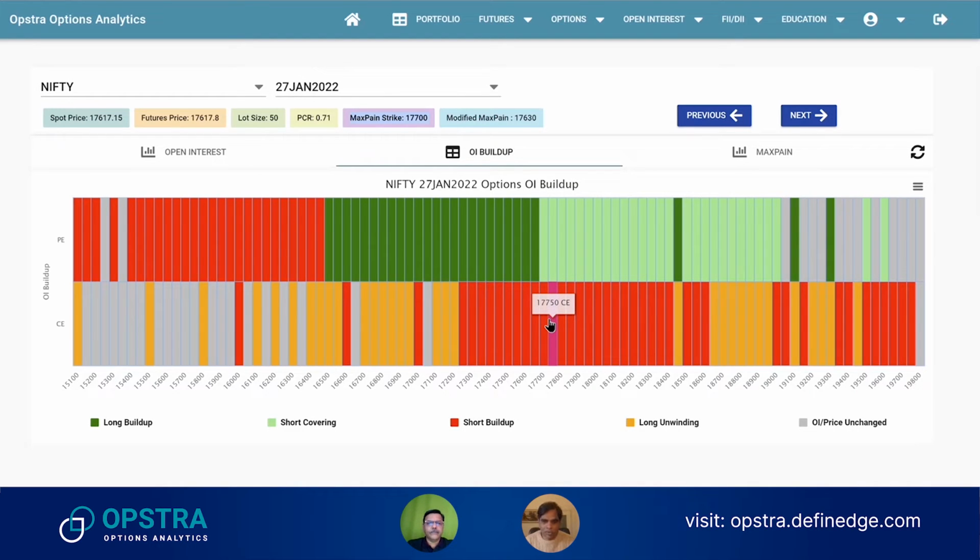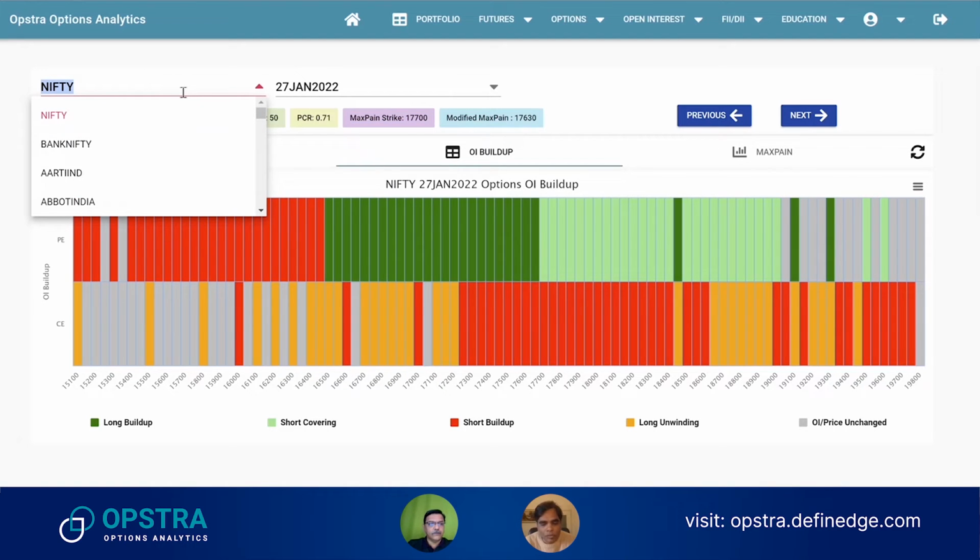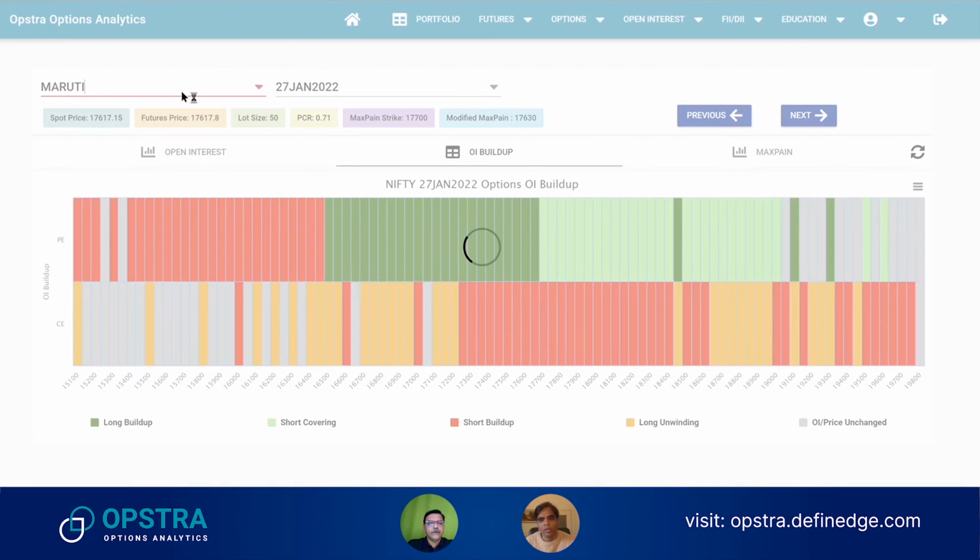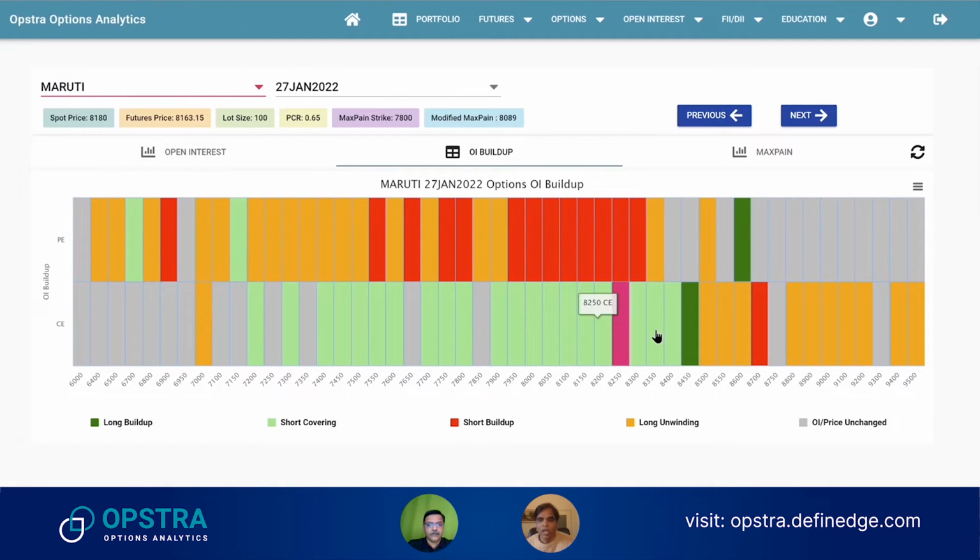Maybe you can show Bajaj Auto, which was up on Friday, or even Maruti, because Nifty was definitely bearish. Here there's a different picture. You can see Maruti is bullish.